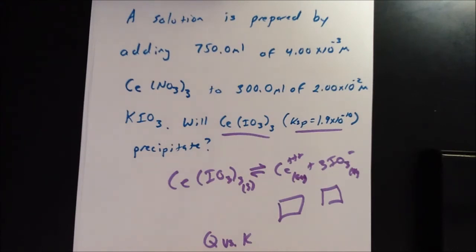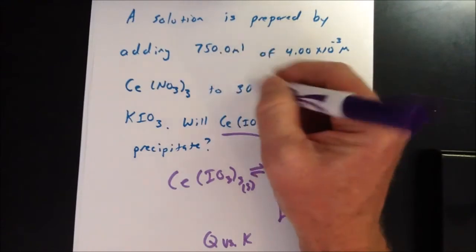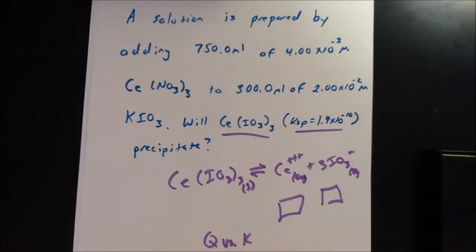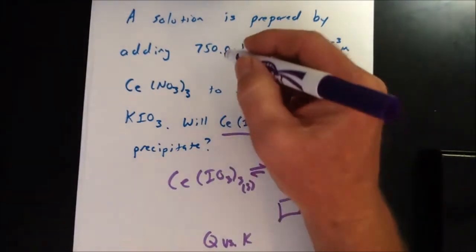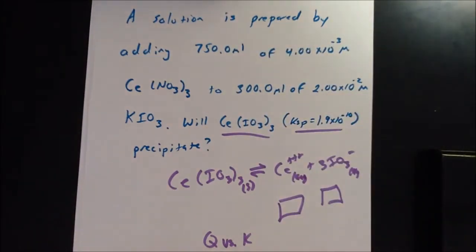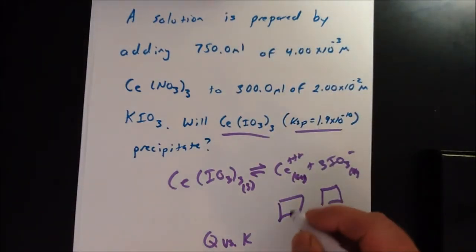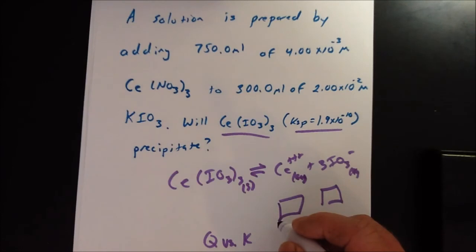All right, that's going to give me my moles, and then I'm going to divide that by 1.05 liters. Again, the additive volume, the 1,050 milliliters or 1.05 liters, that's going to give me the concentration because essentially I'm diluting one with the other. So that gives me a Ce concentration of 0.00286.